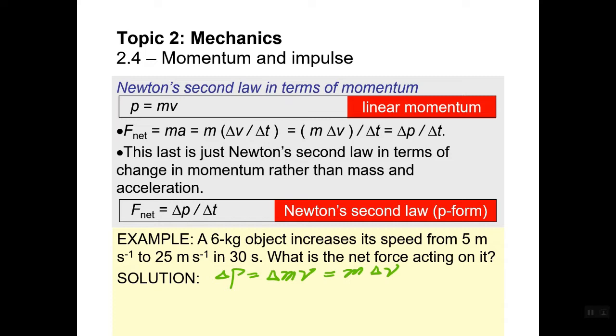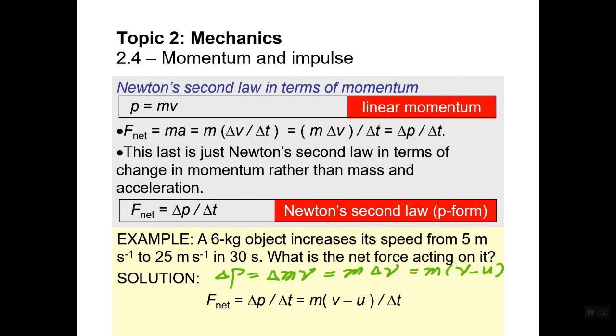As the mass is constant, we can take it out. So mass times change in velocity, and a change in velocity is normally final velocity minus initial velocity. So the net force equals the rate of change of momentum, which is mass times final velocity minus initial velocity, divided by time taken.